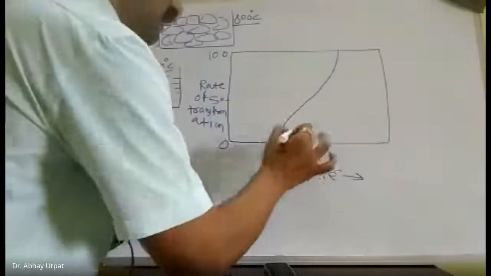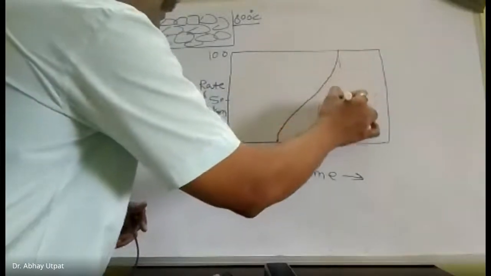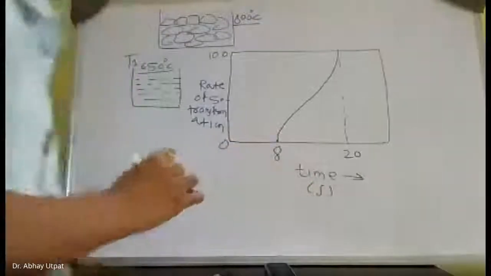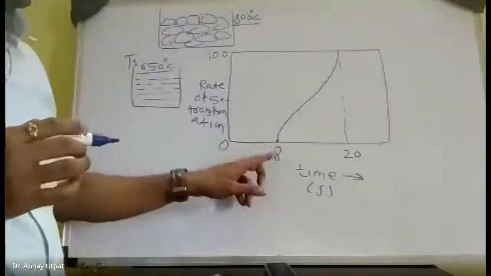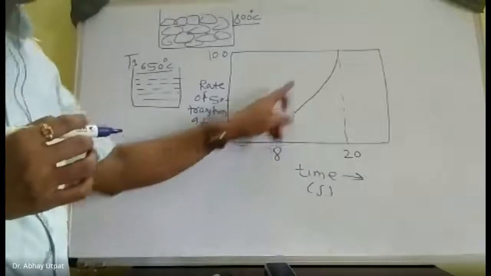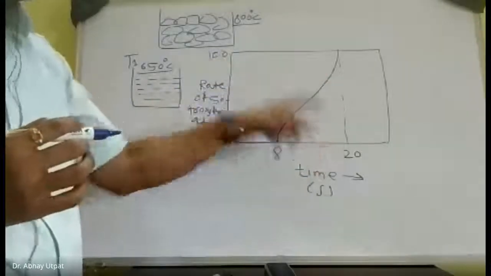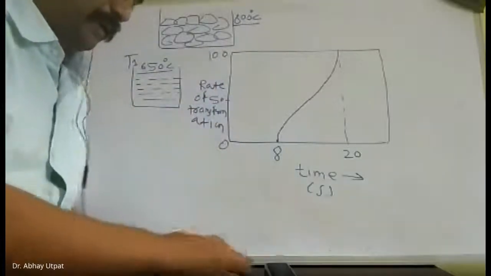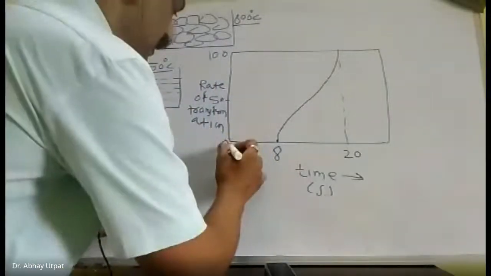Here is 8, and here is 20 seconds. Okay, transformation starts at 8 seconds, 0% pearlite, and it finishes at 20 seconds with 100% pearlite. Now, whatever definition you have written is here.